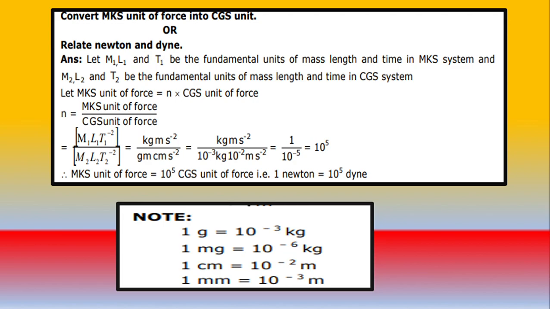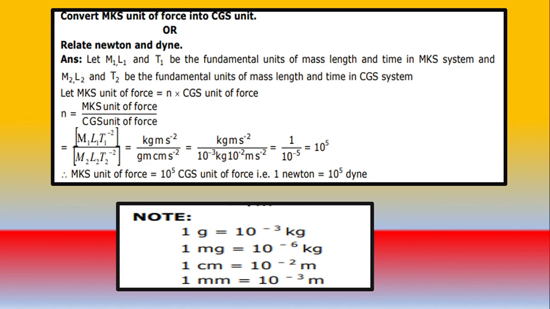You know gram can be converted into kg, 10 to the power of minus 3 kg. Centimeter converts into meter, 10 to the power of minus 2 meter. And second square is the same in the MKS system also. So this is kg meter per second square in the MKS or SI system.